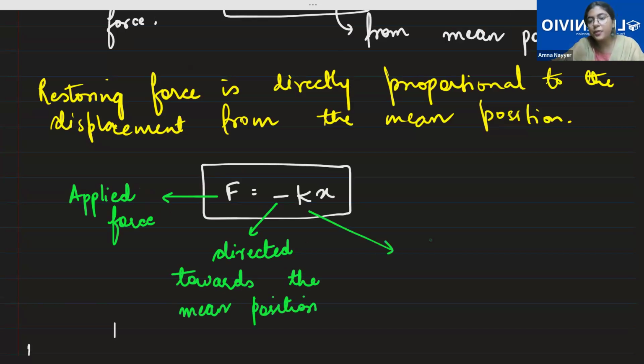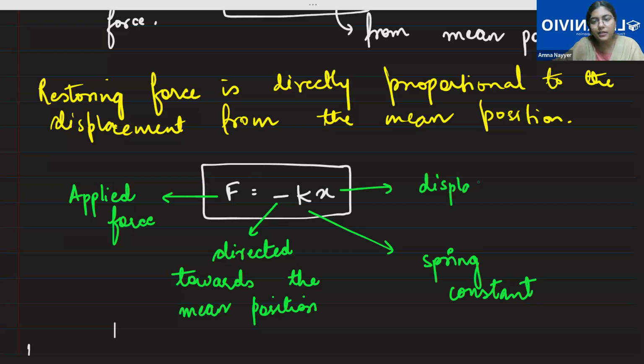K is known as the spring constant here, while x is the displacement from the mean position.